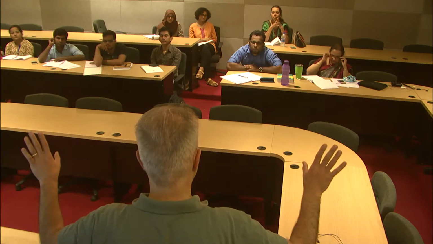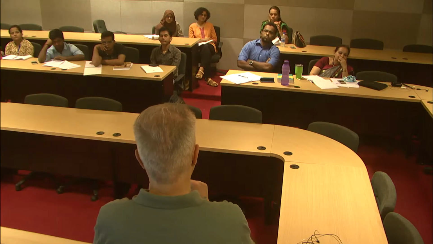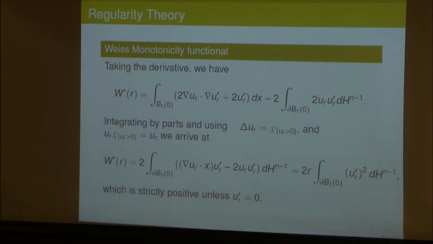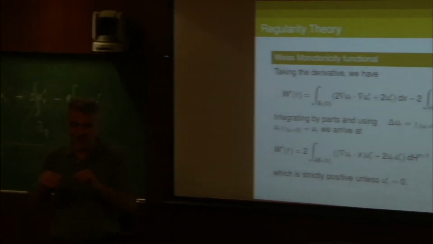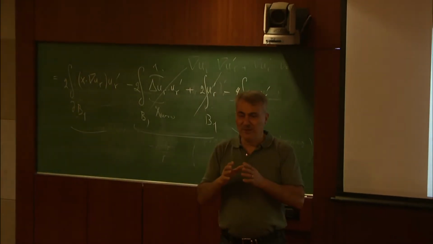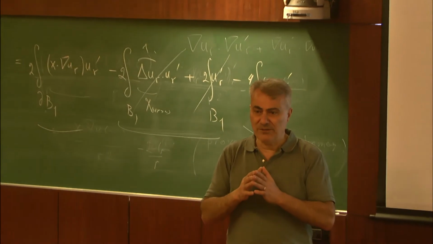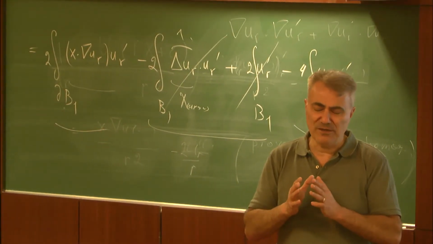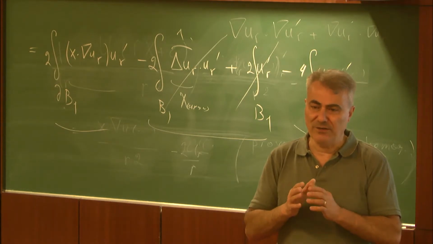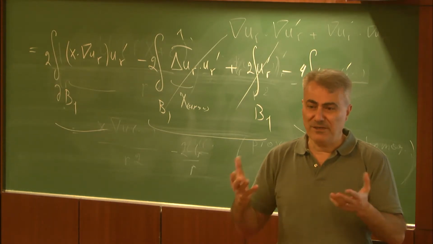Now think that if you have a free boundary point, now we are in the global setting. So if you have the energy value here, W starts here, it has to become larger and larger or stay constant. So if you have a point where the energy has the largest value, it cannot increase anymore.